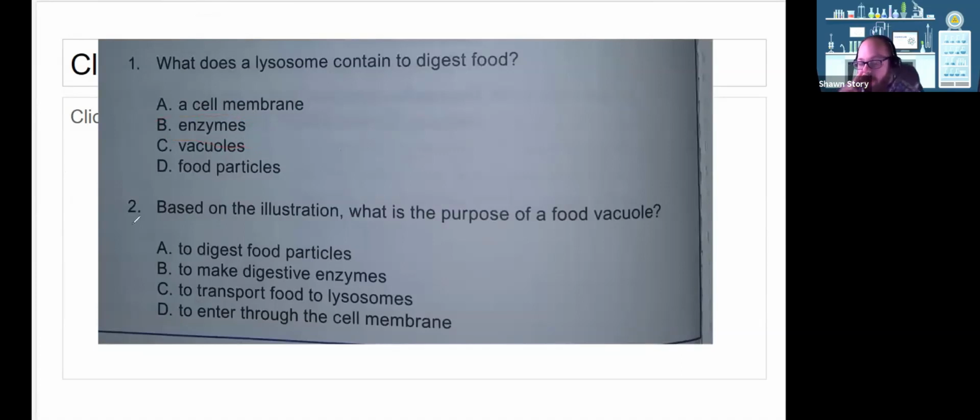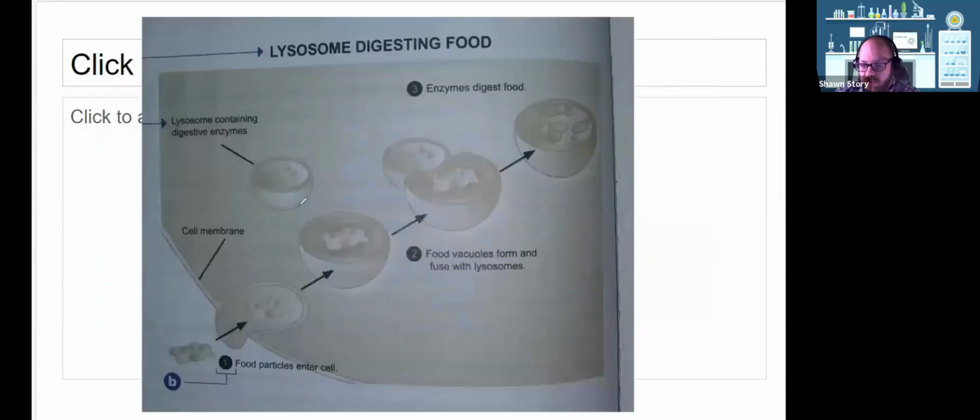Okay, number two. Based on the illustration, what is the purpose of the food vacuole? So our food vacuole is this one right here. It's transporting the food. We have the food vacuoles form and fuse with lysosomes. It forms and it fuses. Fuse is like this.